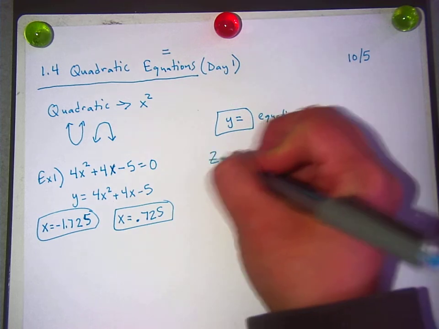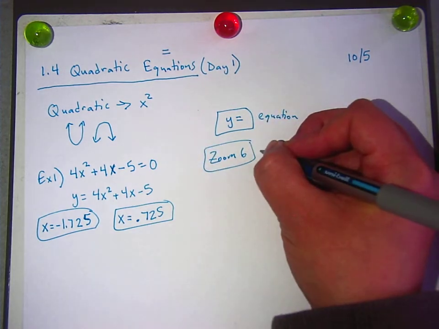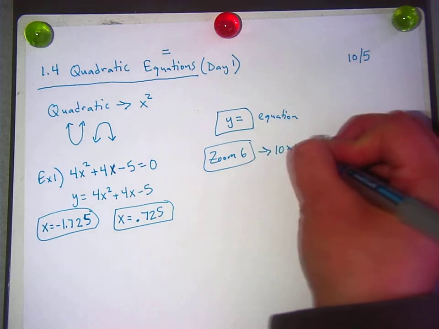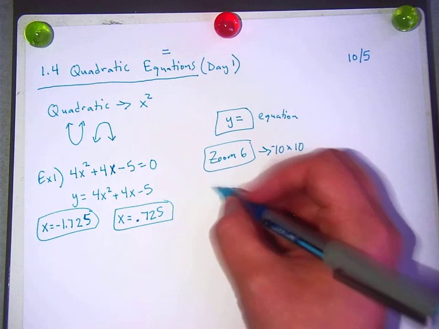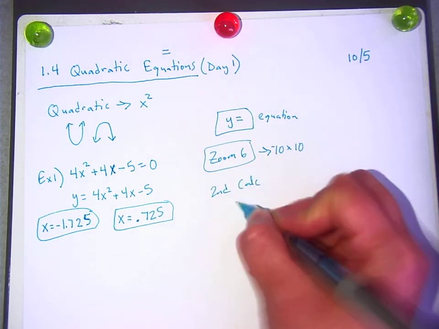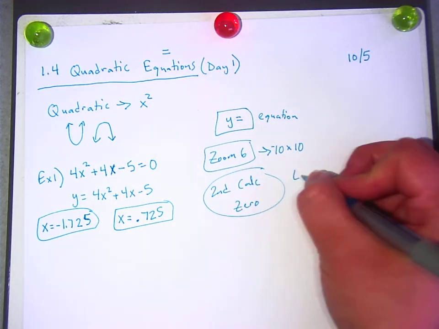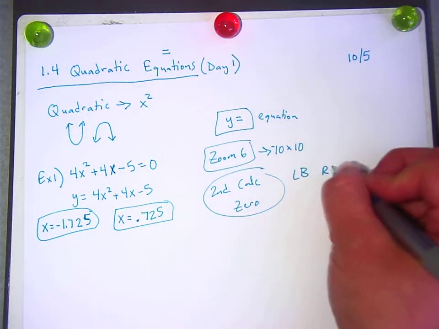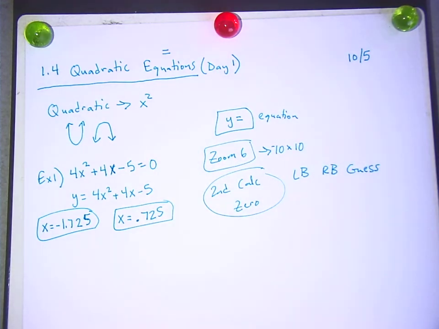And then you hit zoom 6. That gives you your 10 by 10 screen, or negative 10 to 10 for x and y. And then you hit second calc, 0. And then you have to do a left bound and a right bound and a guess. And that gives you the answer.